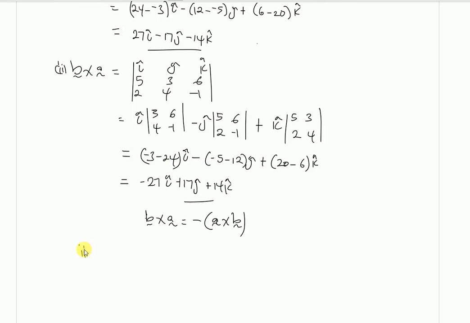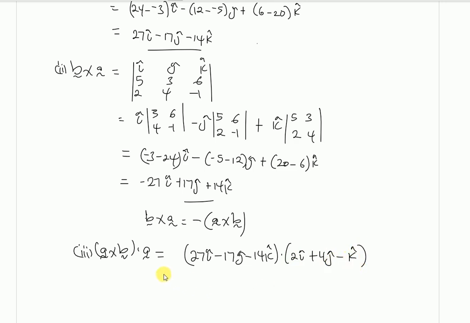This one is A cross B dotted with A. So A cross B is 27i minus 17j minus 14k, and we are dotting it with the vector A, which is 2i plus 4j minus k, and we shall have 54 if you multiply the i's, and then for the j's I have 68.